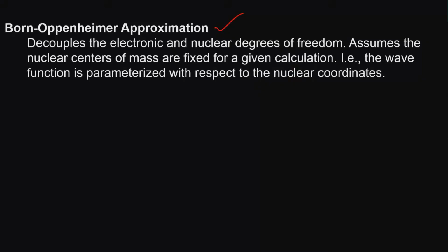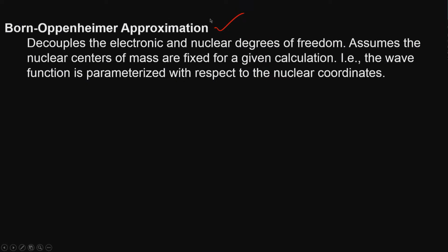There are many approximations when we consider quantum mechanics. The most important one is the Born-Oppenheimer approximation. It decouples the electronic and nuclear degrees of freedom. It assumes the nuclear centers of mass are fixed, and the electrons move around the nucleus. So, you reduce the number of degrees of freedom, that is the advantage.